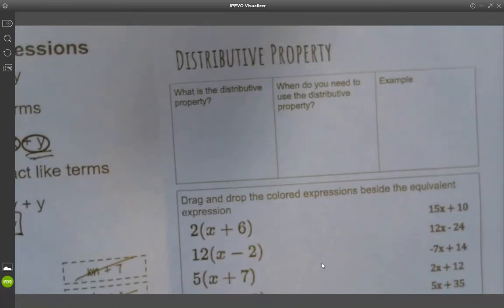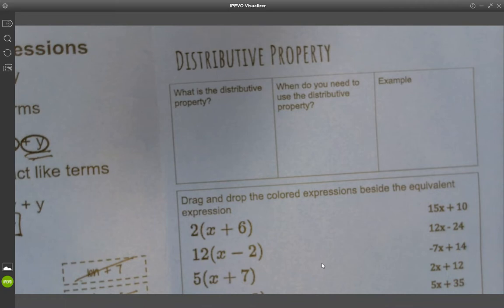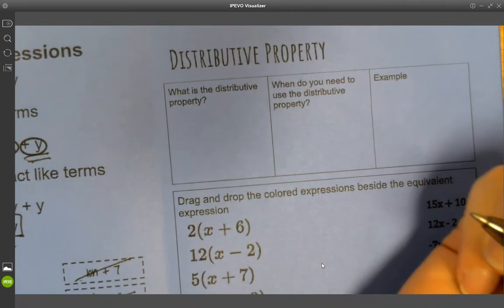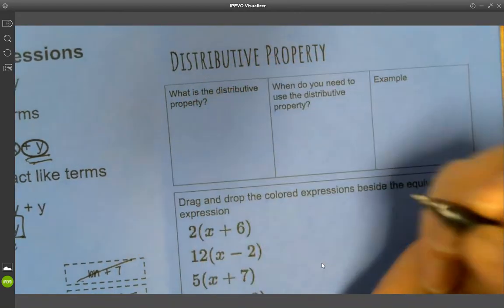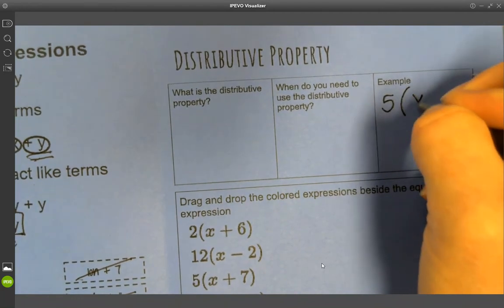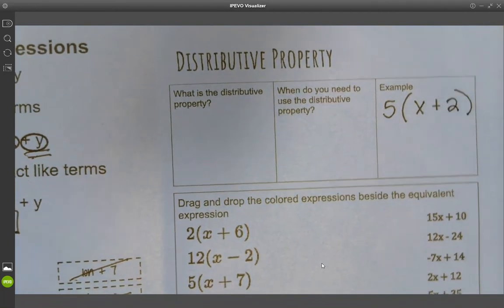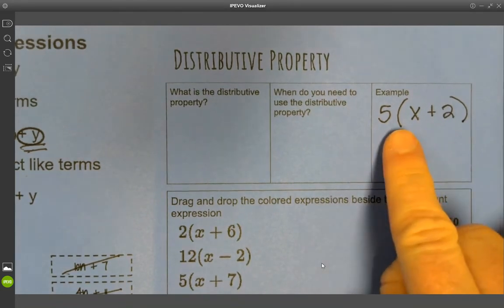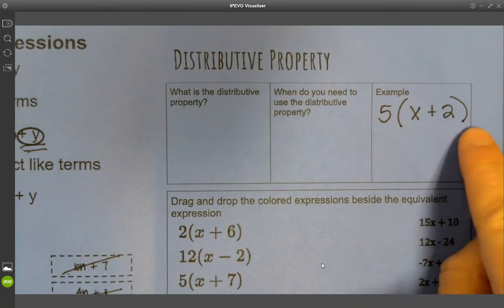Let's look at the next page. What is the distributive property? And when do you need the distributive property? So let's look. A property that has a number multiplied by an expression. So let's give an example over here. If I have 5, parentheses, x plus 2. Do you remember what you do when there's a parentheses on the outside?